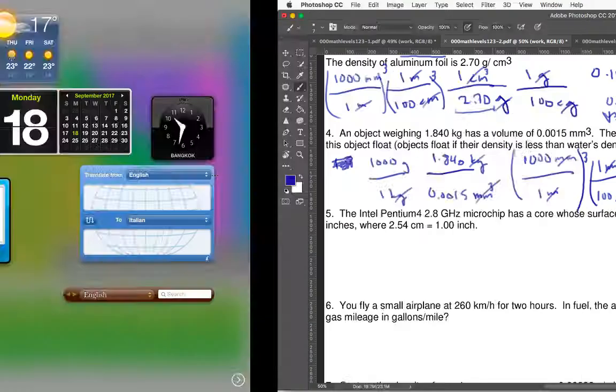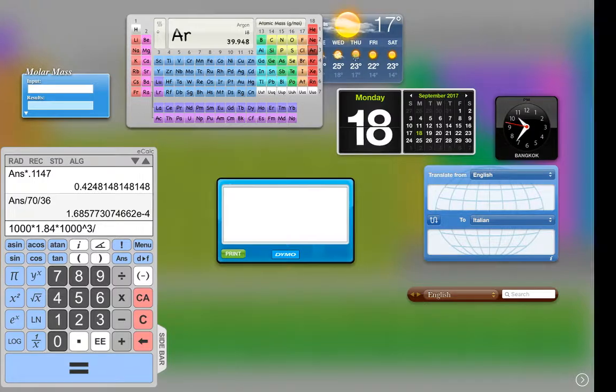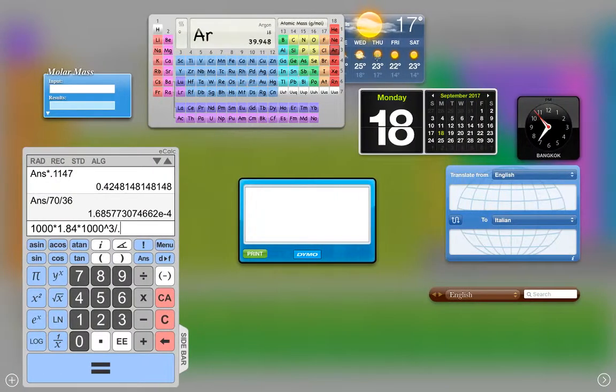1,000 times 1.84 times 1,000 cubed divided by 0.0015 divided by 100 cubed. That's a big number.